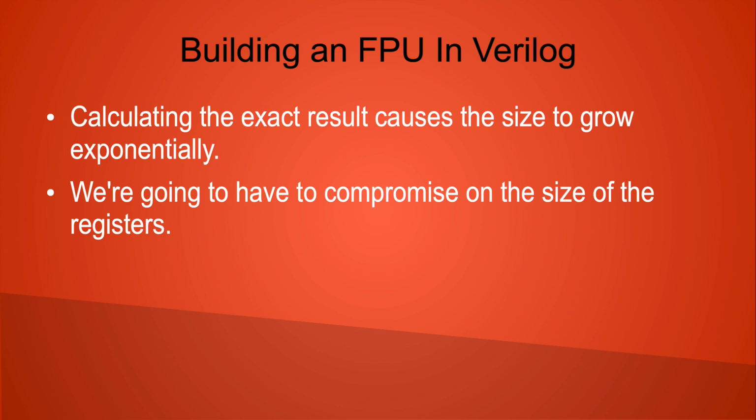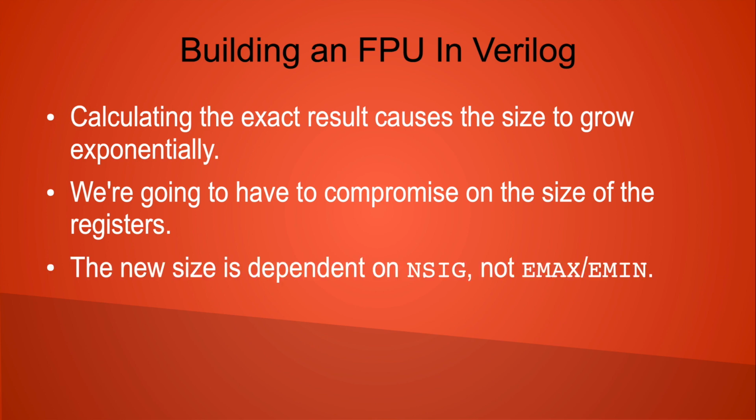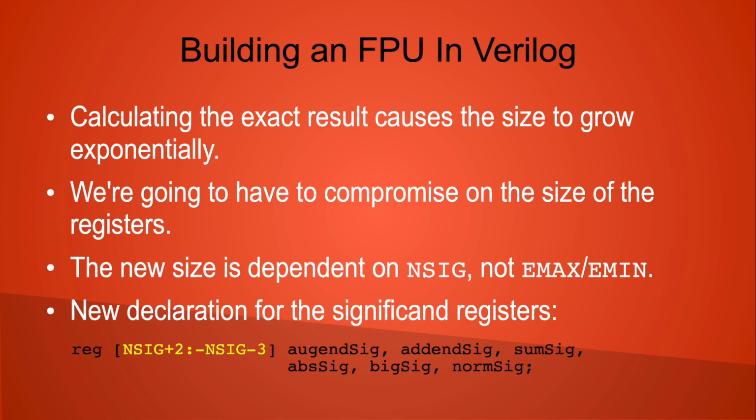The good news is that only the final rounded stored significand is needed for the final result. If the intermediate significand value isn't exact, that's okay as long as the final rounded result is correct. The significand registers can be reduced to about 2 times nsig bits. You can see the new declaration of the significand registers here.